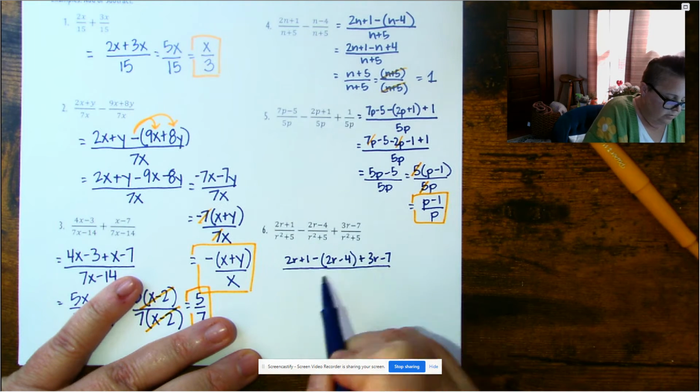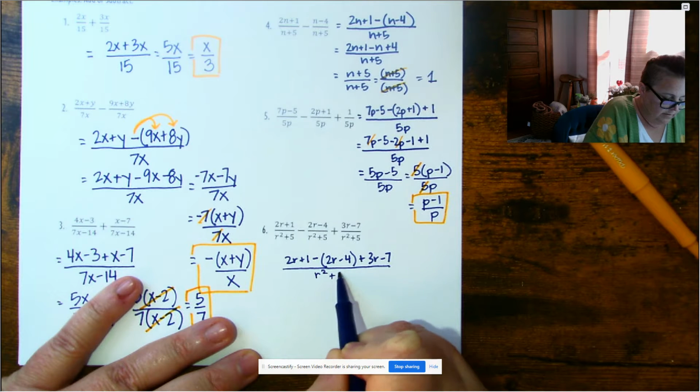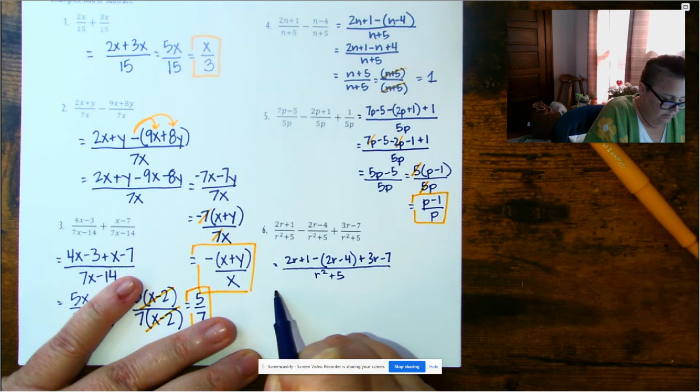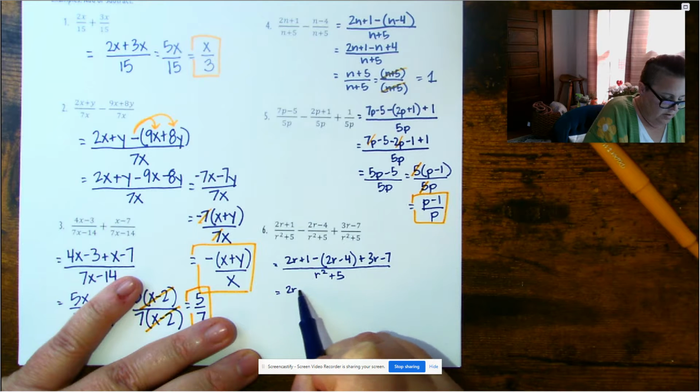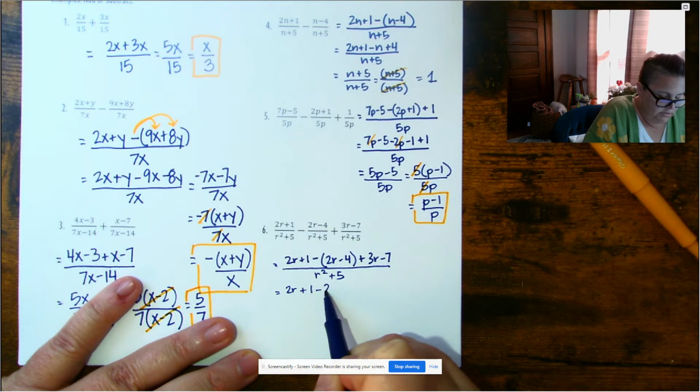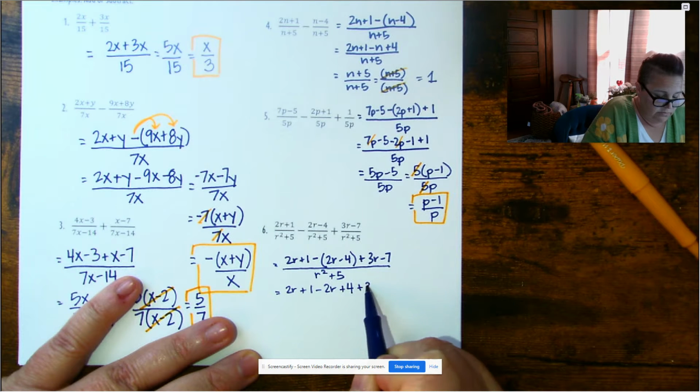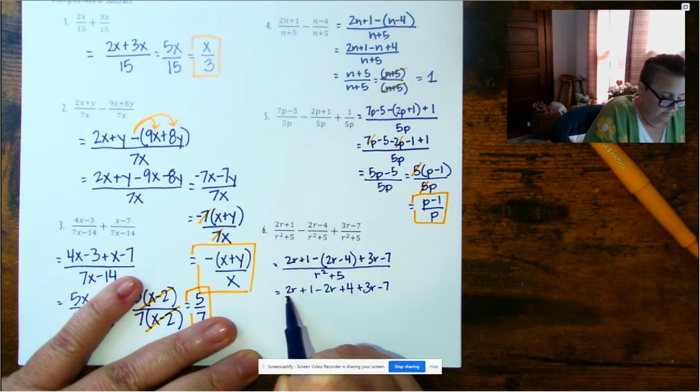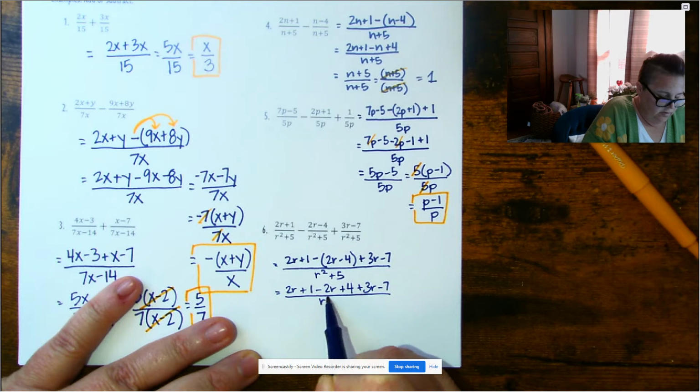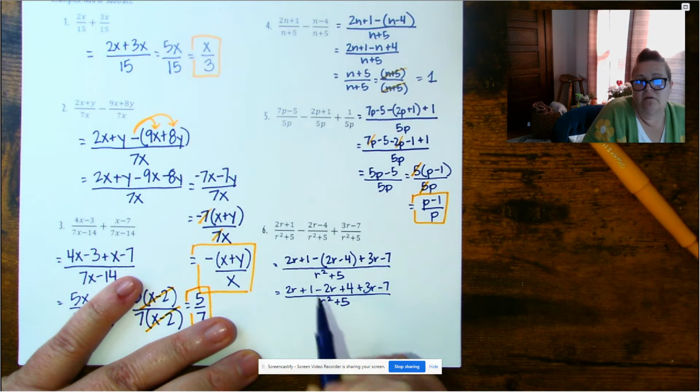My denominators are all the same, r squared plus 5. So this will be 2r plus 1 minus 2r minus a minus 4, it's plus 4, plus 3r minus 7, all over r squared plus 5.